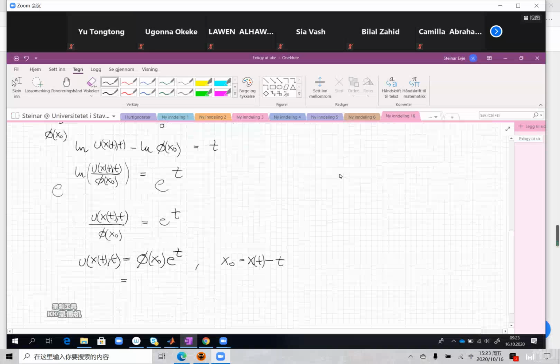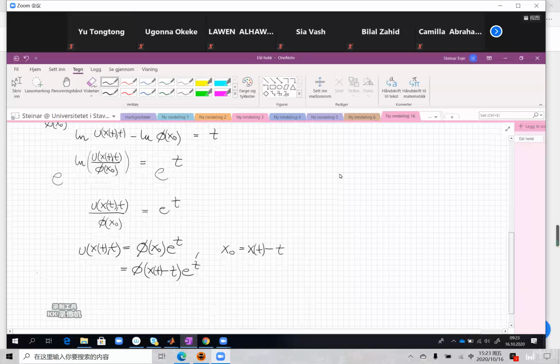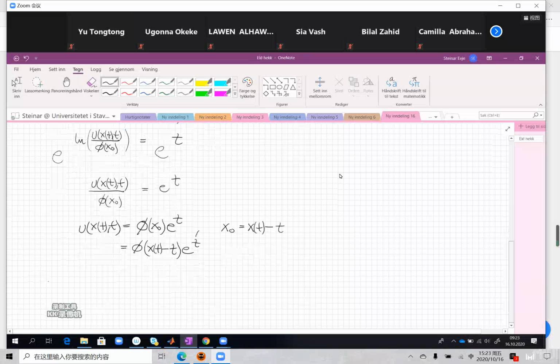So we get φ(x(t) - t) multiplied by the exponential function. So the general solution where x and t are independent is now u(x, t) = φ(x - t) multiplied by the exponential function e^t.